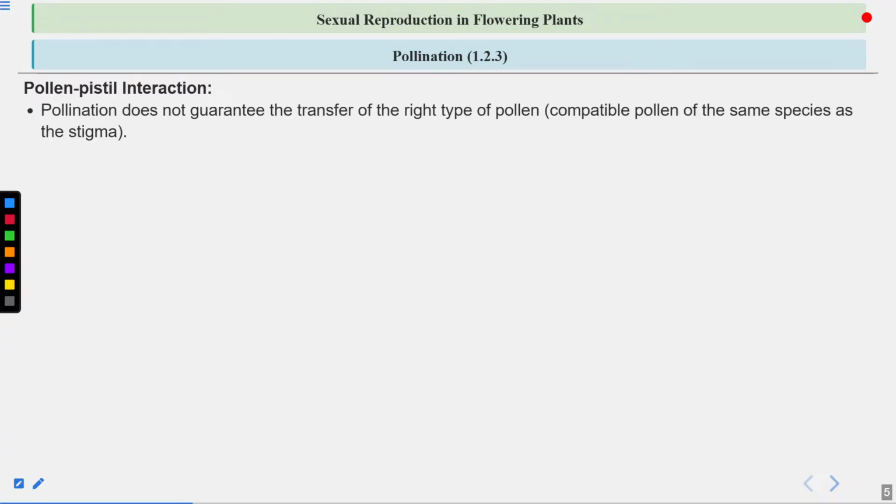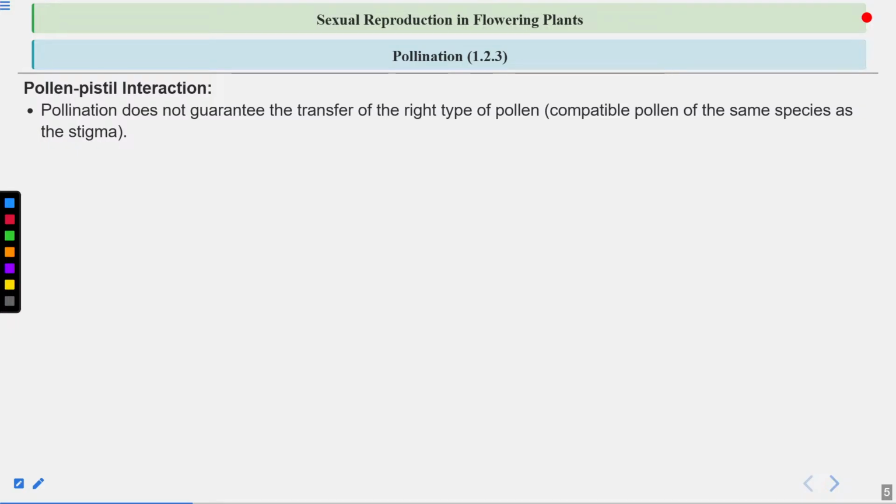Pollination does not guarantee the transfer of the right type of pollen. What does this mean? The right type of pollen. The pollen should be compatible pollen. If the pollination has to be successful and later it will germinate and give rise to the pollen tube, then it has to be compatible.